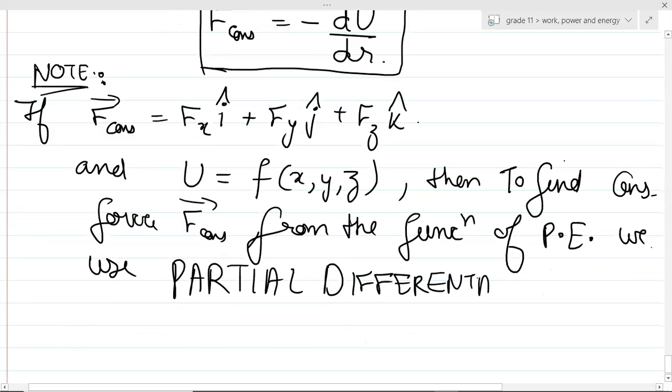What is this partial differentiation thingy? We'll learn by example.